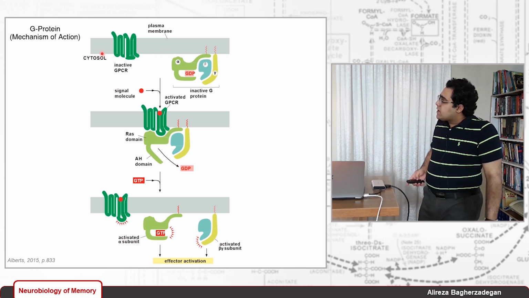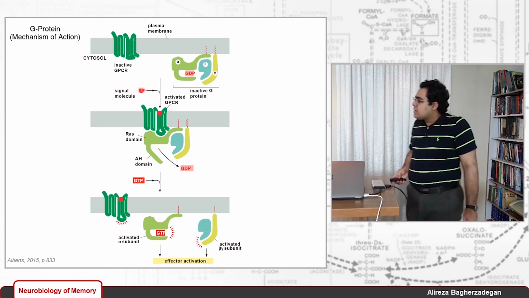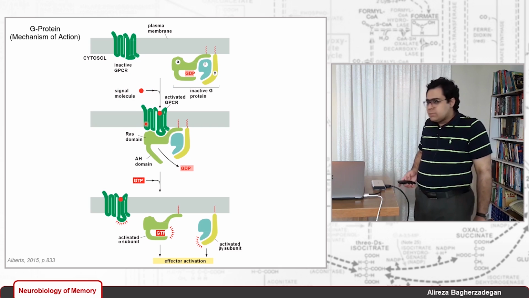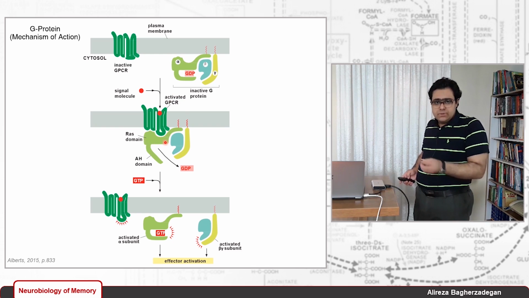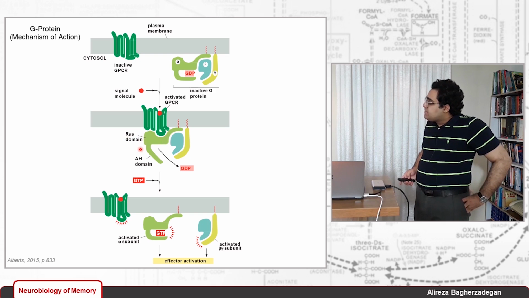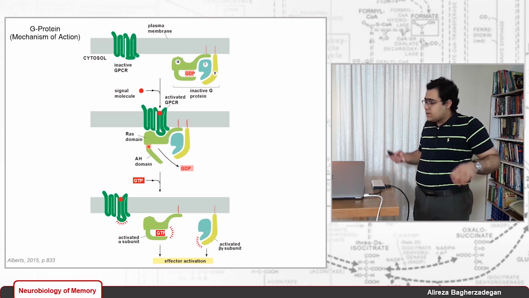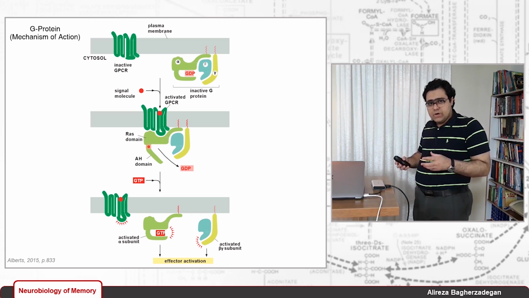So at first we have an inactive G protein coupled receptor, and we have an inactive G protein complex. When a signal molecule binds to the G protein coupled receptor, it undergoes a conformational change, and that makes it active. Once it is activated, it's going to activate the trimeric G protein.